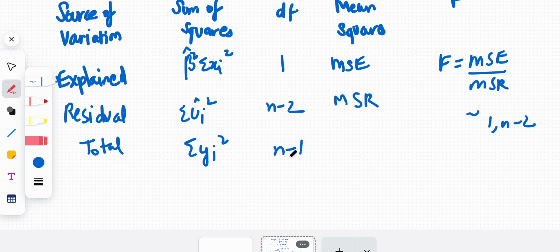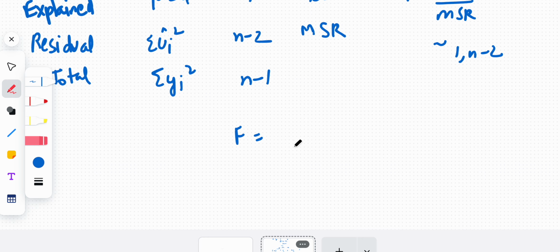So this makes my F to be beta square summation xi square upon summation ui cap square upon n minus 2.